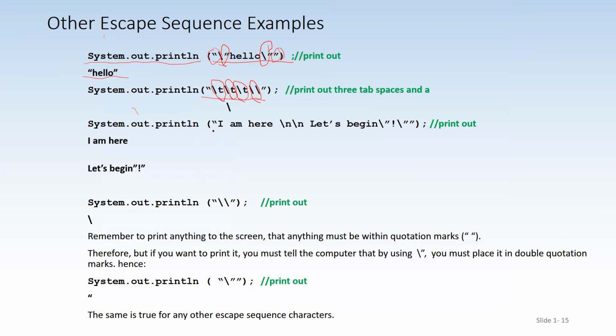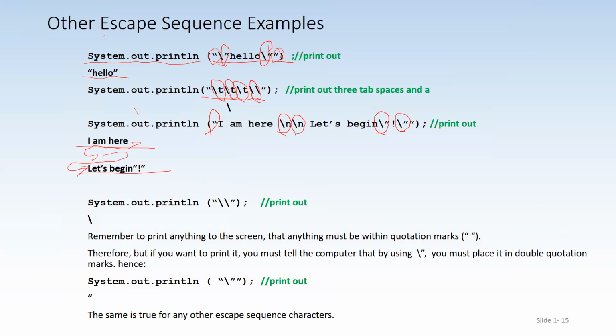Okay, and this one, beginning of the string, a new line character, a new line character, a double quotes, and that's what this is. Because I have 2 new line characters, so the first one goes here, and then there is another one. So you'll have something like that.